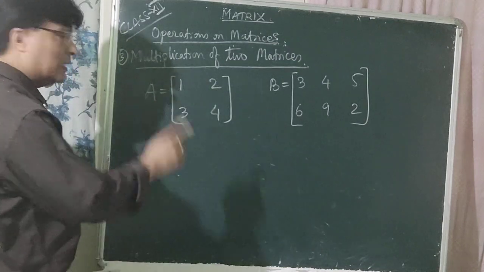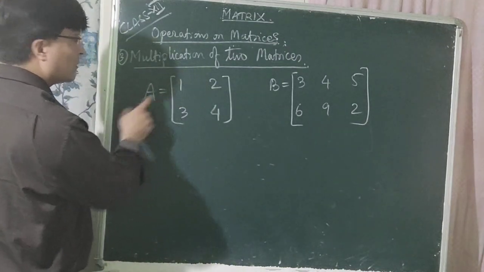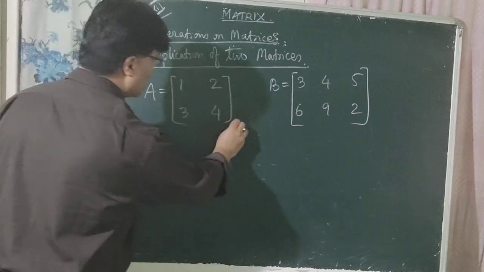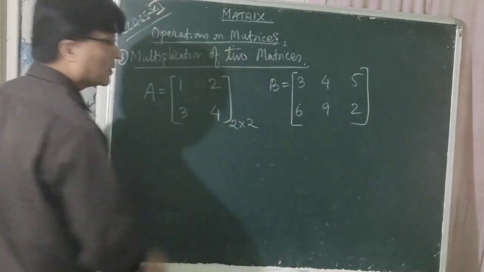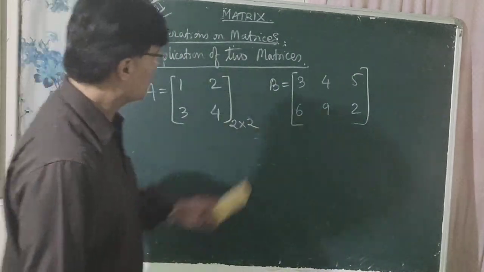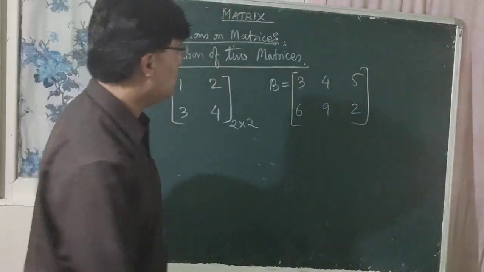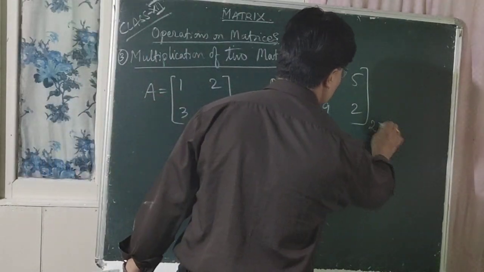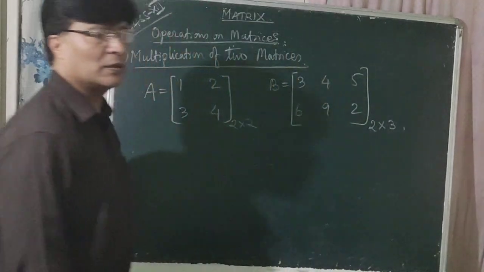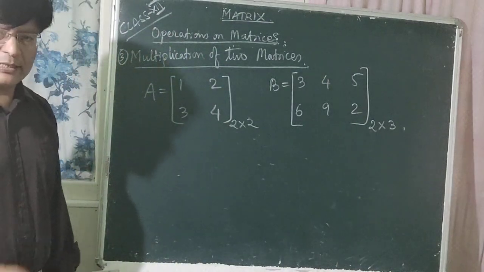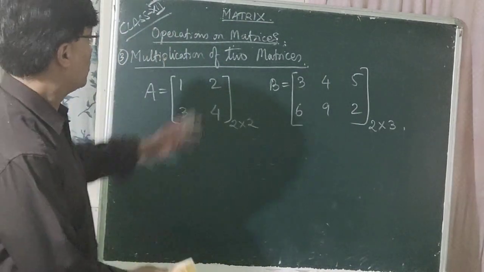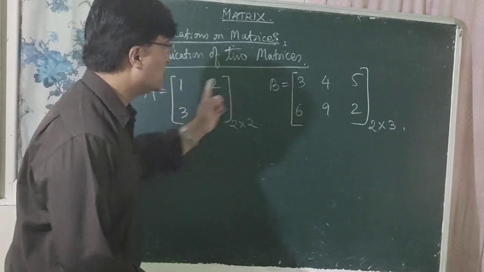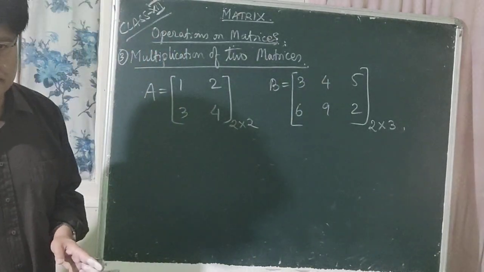So now in this case, what is the order of the matrix A? 2 rows and 2 columns, that is 2 cross 2, right? So now what is the order of the matrix B? It is 2 rows 3 columns. Is that clear now?